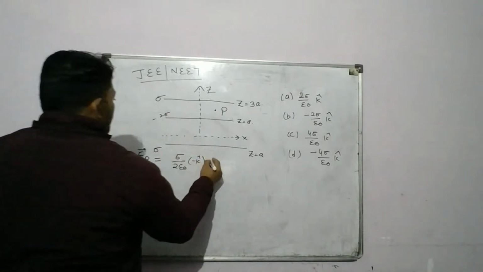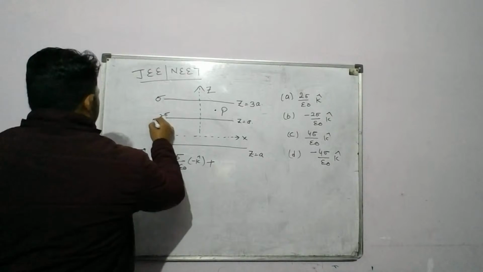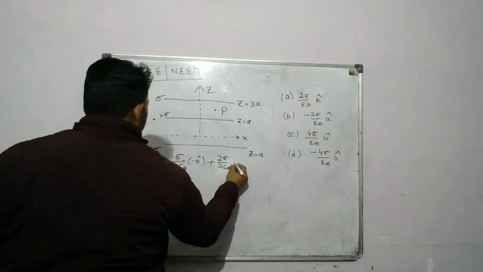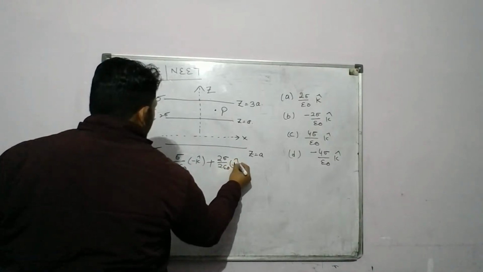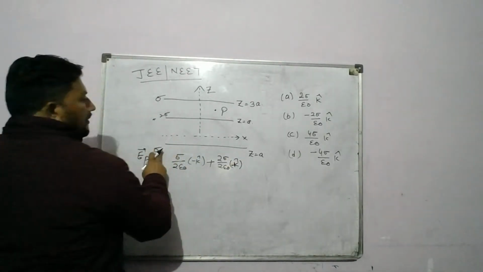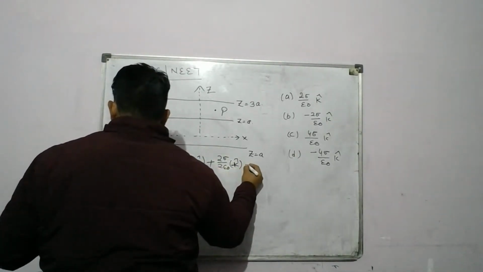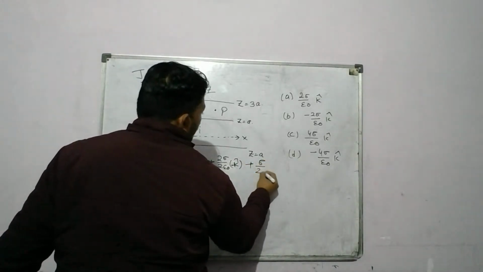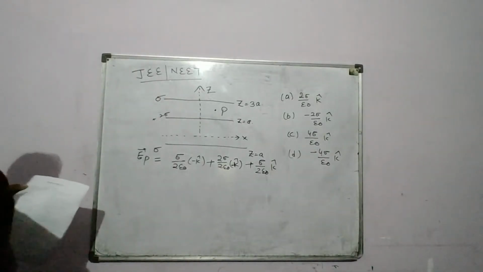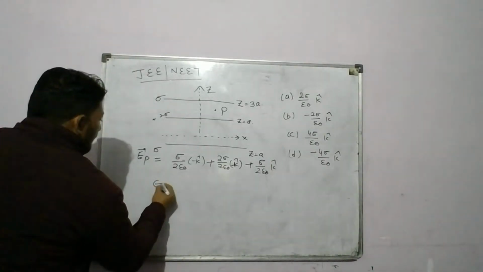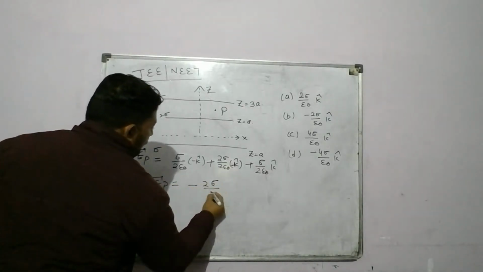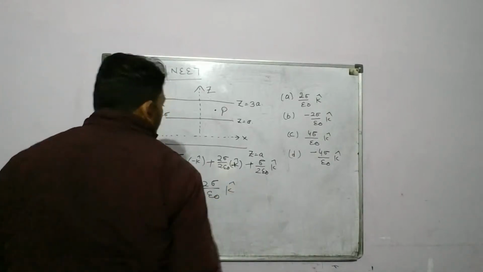The second one is plus 2 sigma upon 2 epsilon 0 minus unit vector k, and the last one is plus sigma upon 2 epsilon 0 unit vector k. If we sum these vectors, the electric field at point P is equal to minus 2 sigma upon epsilon 0 into unit vector k.